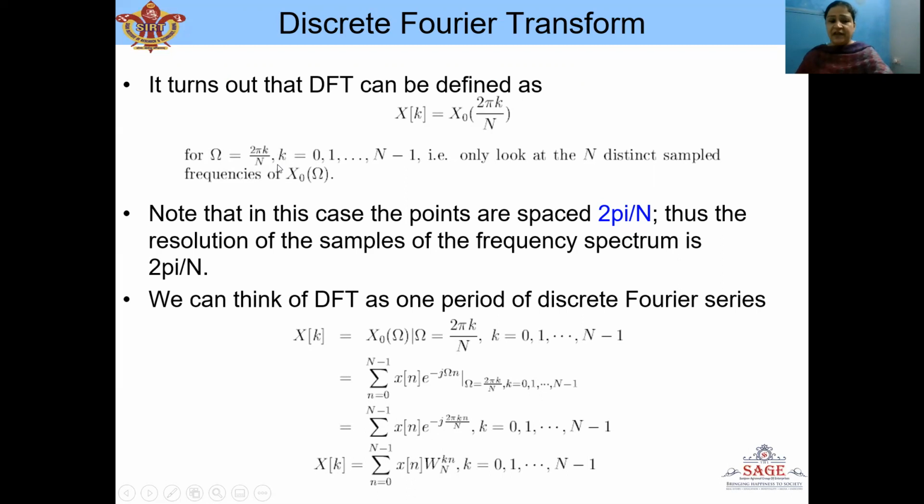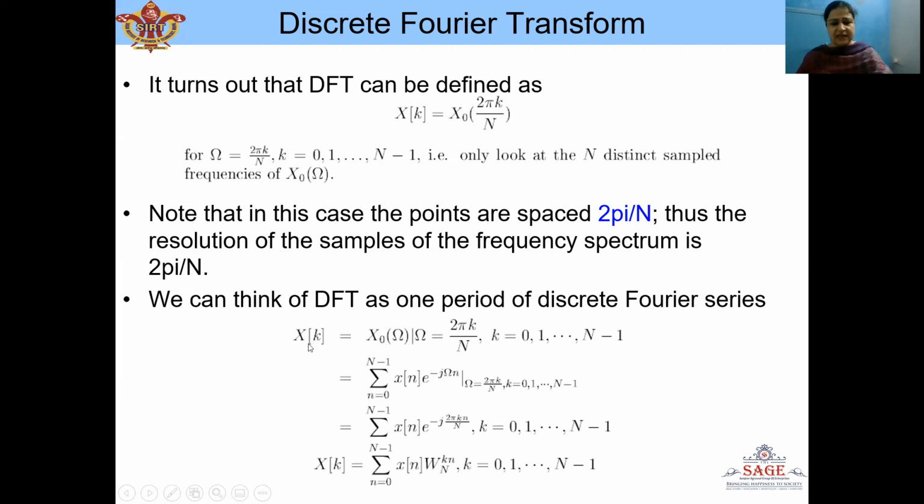That means we are taking a total of N samples of the continuous spectrum represented by the DTFT. So here we will have a spectrum with N distinct sample frequencies of X(omega). The points are spaced at an interval of 2 pi by N. Thus the resolution of the samples of the frequency spectrum is 2 pi by N.